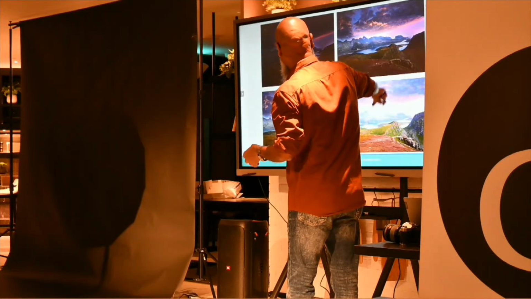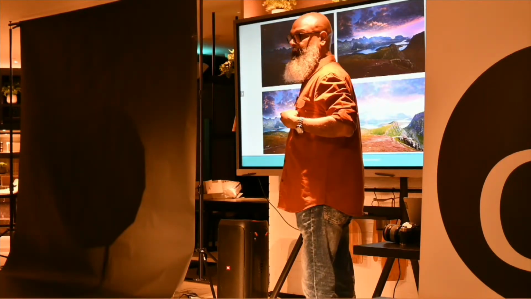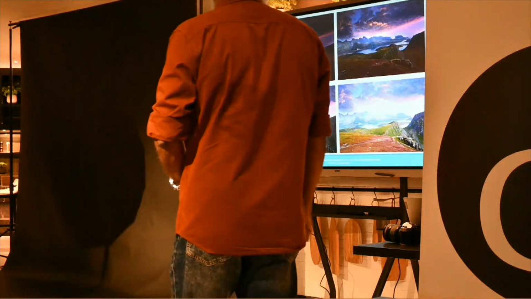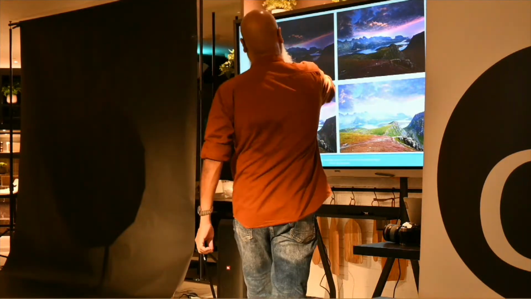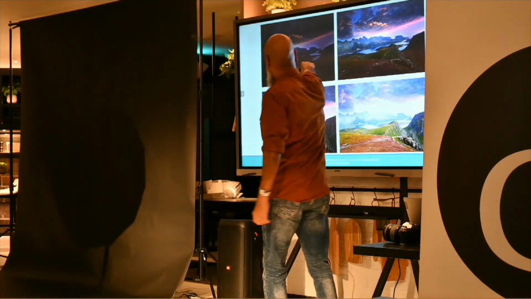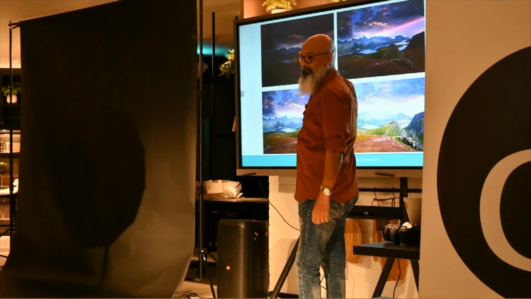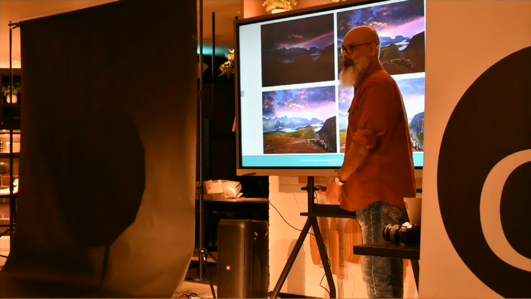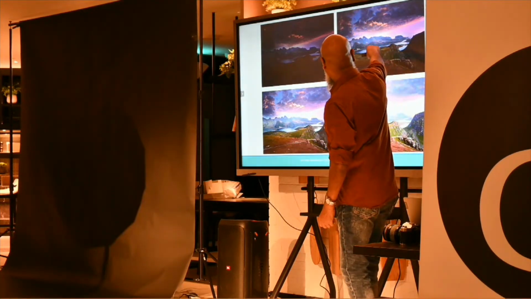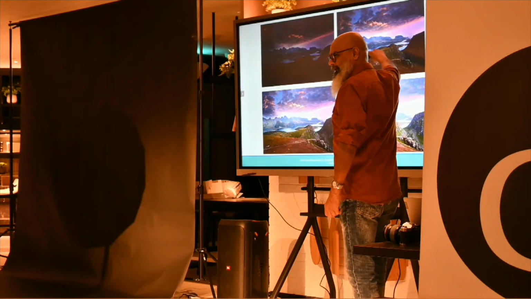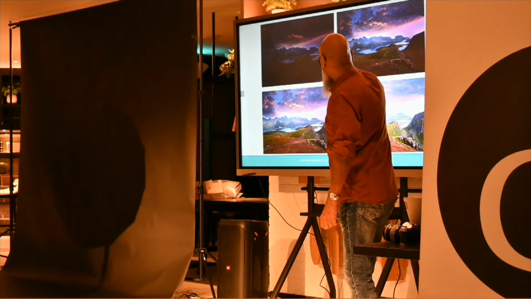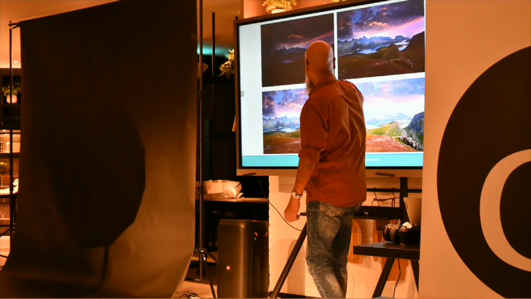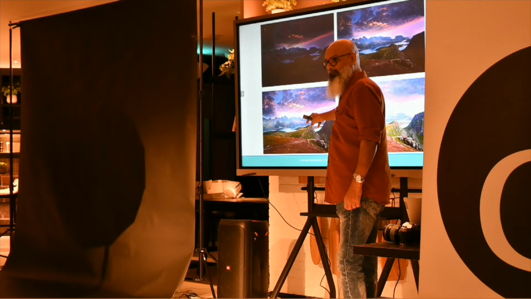Now there are 4 pictures. Out of this, which one is the best exposed picture according to you all? What happened to this one? It's called underexposure. So what happened to this? Too bright. Overexposure. What about this? It's okay, right? But suppose you want to get the foreground as well as a correct exposure.